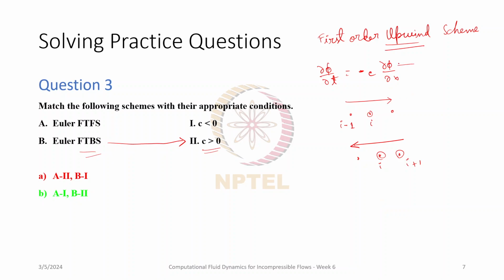So basically this term, this dou phi dou x, we would discretize it as phi I minus phi I minus 1 in this case, and in this case we would have to consider phi I plus 1 minus phi I. Sorry, not n minus 1, only n. Okay, so that's why A1 and B2 should be the correct answer.